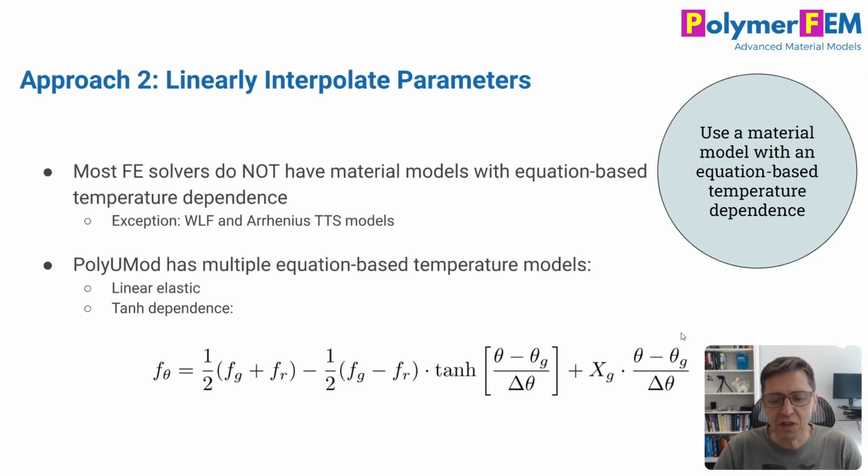And if this is the equation you want to use to describe the material as a function of temperature, you need to find the parameters in this equation. One way to do that is to run a DMA temperature sweep that measures the modulus as a function of temperature. And from that, you can directly find these parameters. So that's a very specific additional test you would need to run to find these parameters.